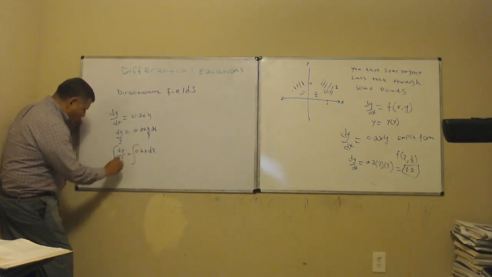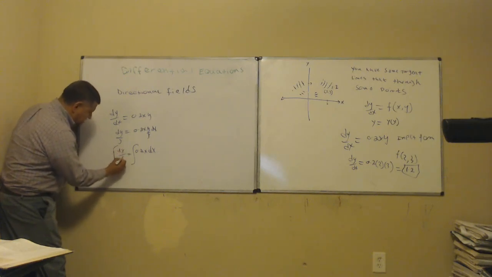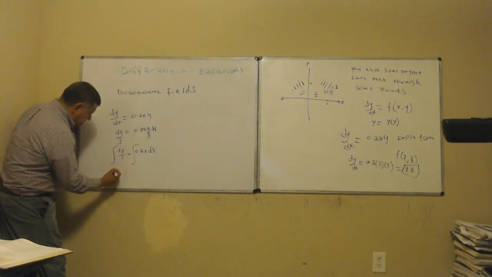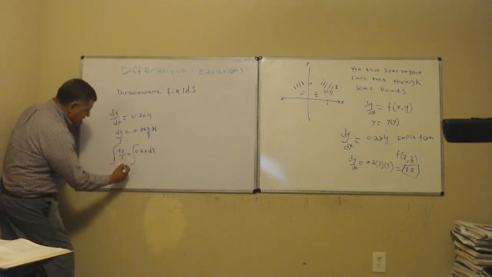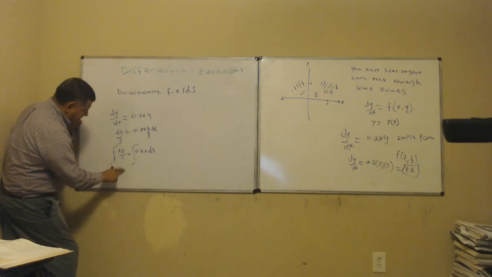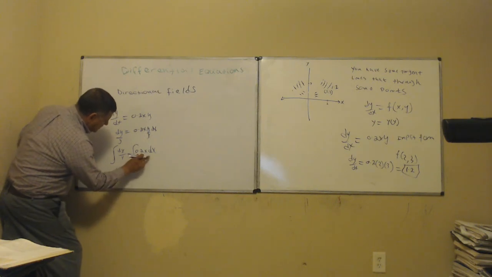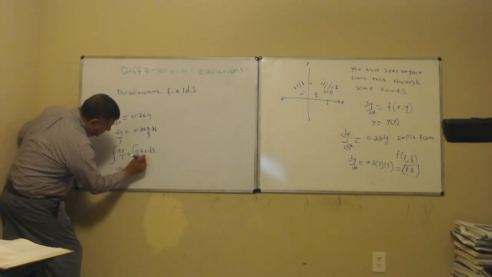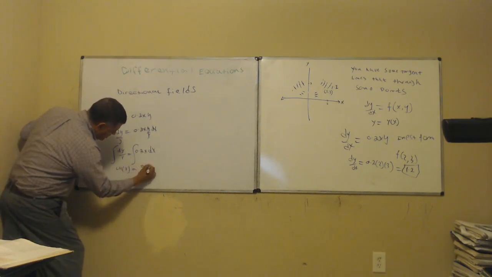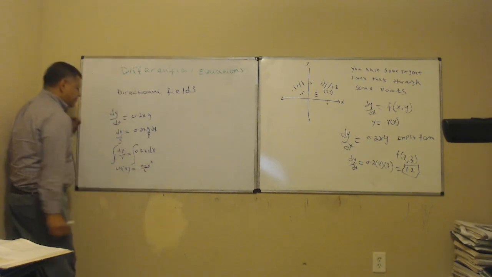The integral of dy over y is going to be ln of y, and this one is going to be equal to the integral of 0.2x dx.